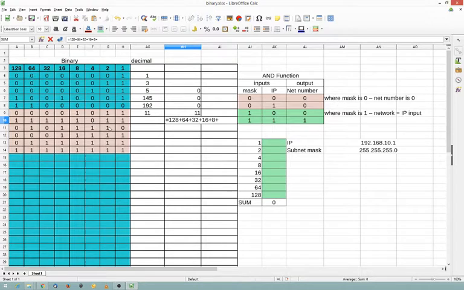There's no 4. There's a 2 and a 1. So 2 plus 1, that value there equals 251 in decimal. So we've converted that binary to that decimal value.